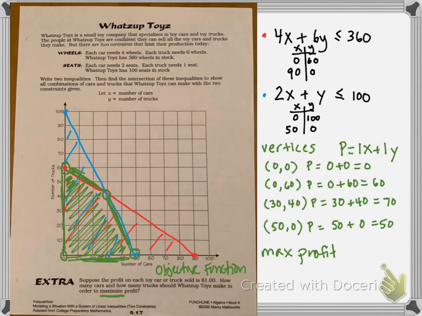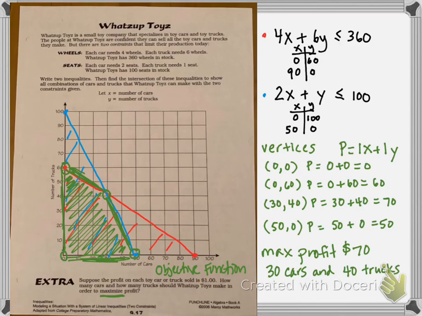The largest profit is going to be $70, and that happens when we make 30 cars and 40 trucks.